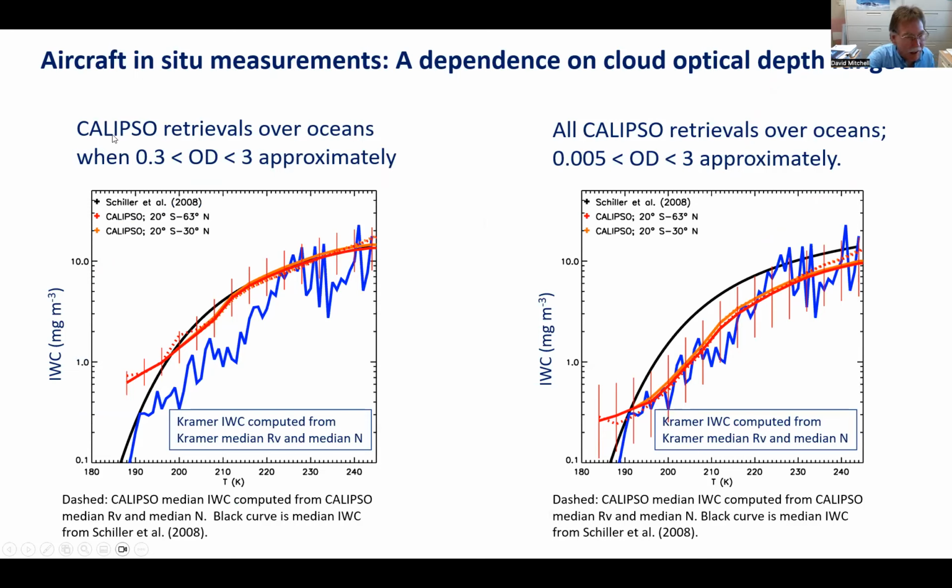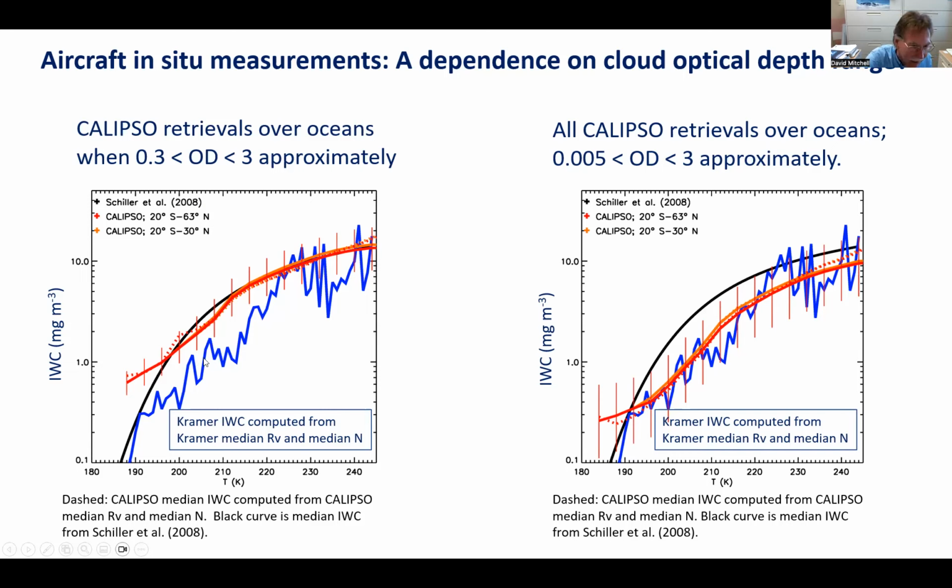The Calypso retrievals are shown here for the thicker optical depths on the left side, and the greater range in optical depth on the right side. The black smooth curve is from Schiller. That's a median ice water content that's bisecting all of the data. On the left side, when we're using the optically thick clouds, we get pretty good agreement with the Schiller data.